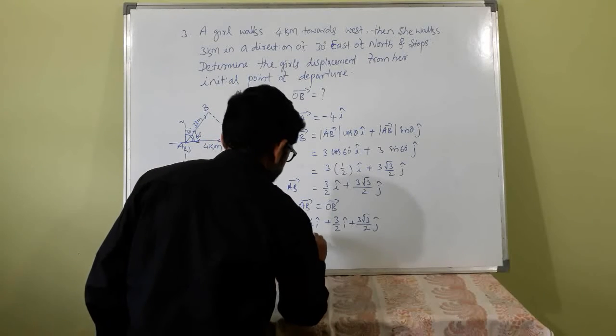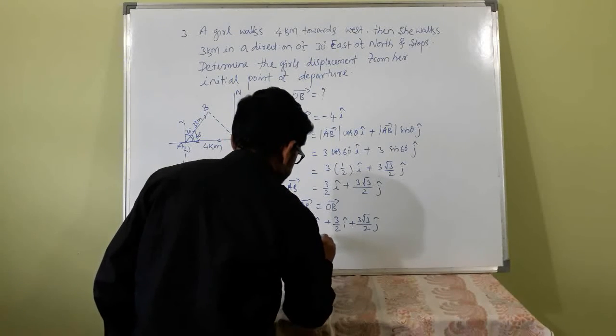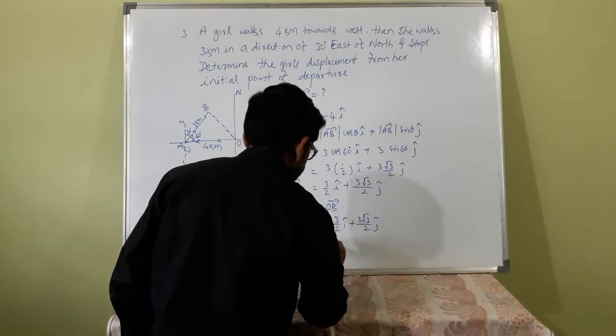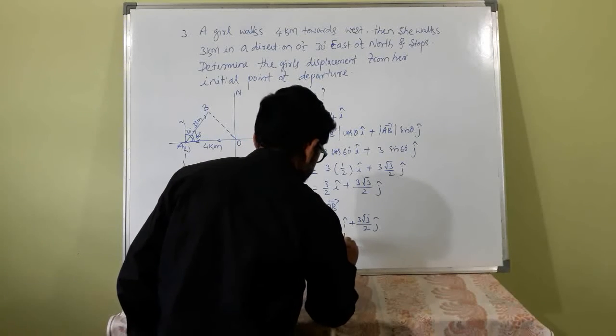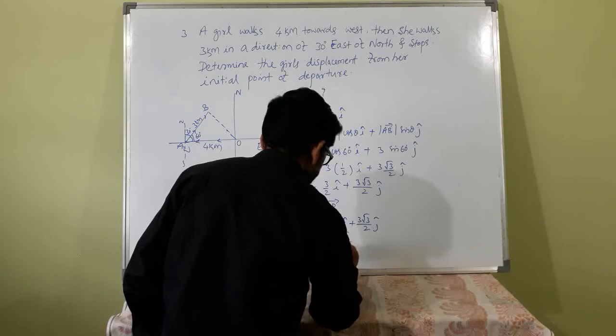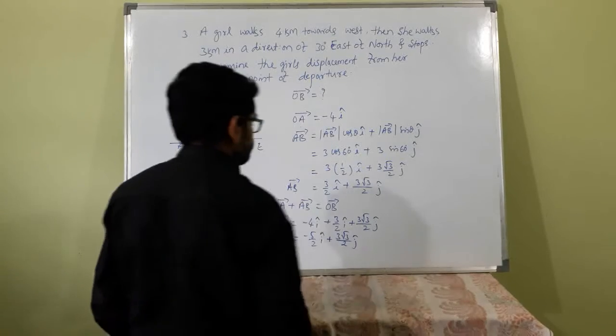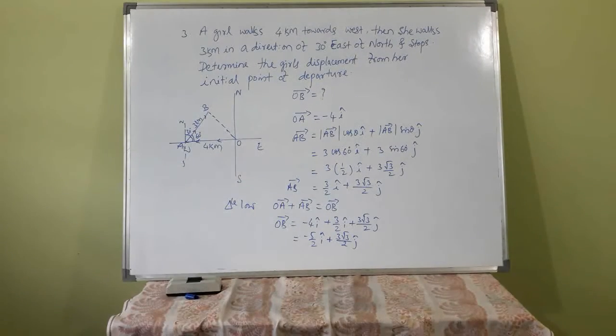Minus 5 by 2 i cap plus 3 root 3 by 2 j cap. Okay, this is the required answer. So required displacement is equal to minus 5 by 2 i cap plus 3 root 3 by 2 j cap.